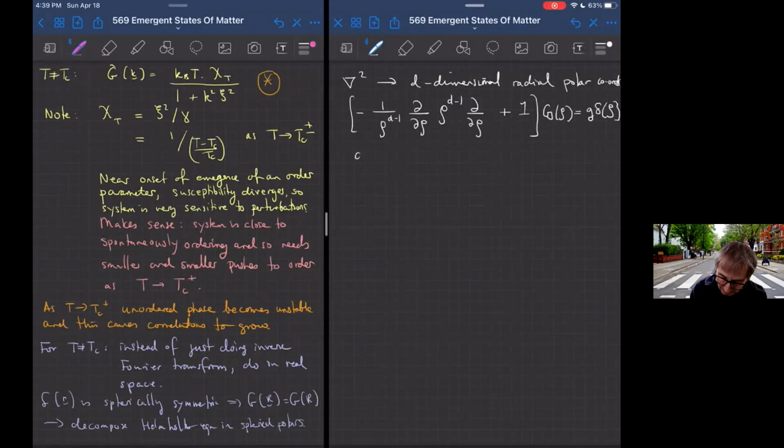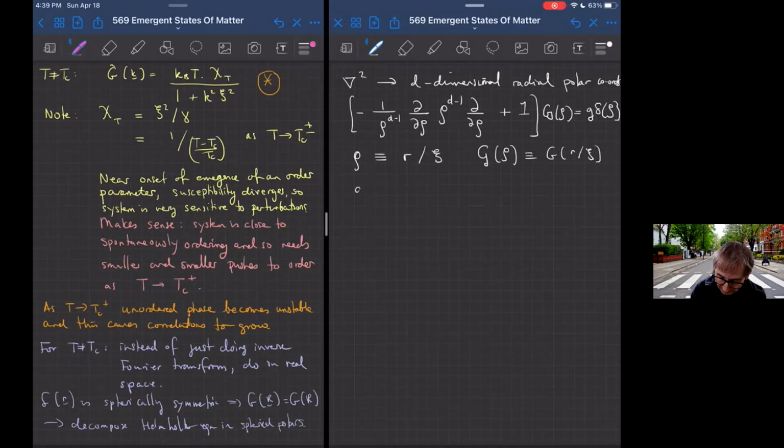So the variable rho is just r normalized by the temperature dependent correlation length. So it's a dimensionless variable. This capital curly G of rho is just the same thing as little g of r over psi, like so.